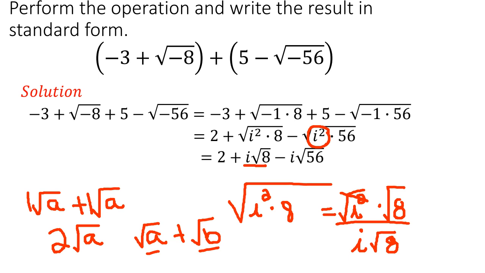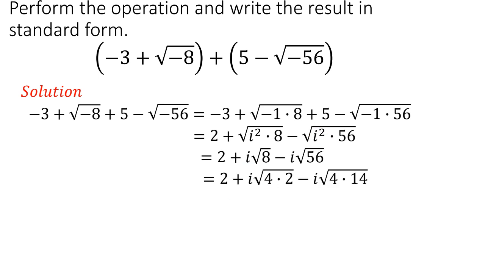Okay, so now that we reviewed that, I have 2 plus i square root of 8 minus i square root of 56. The radicands are 8 and 56. The way they're written, I cannot do anything with them. So I'm going to try to simplify them because we want them in simplest form, right? So 8 can be written as 4 times 2.